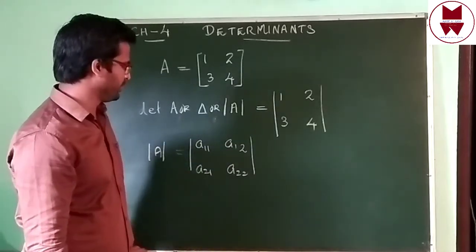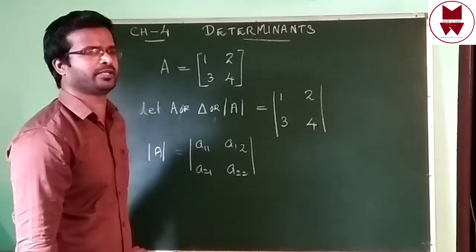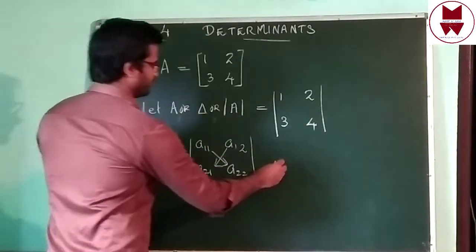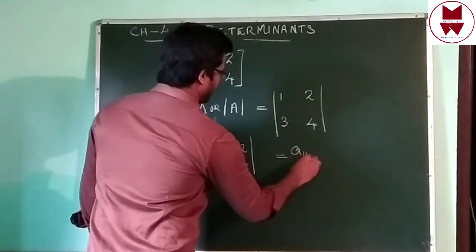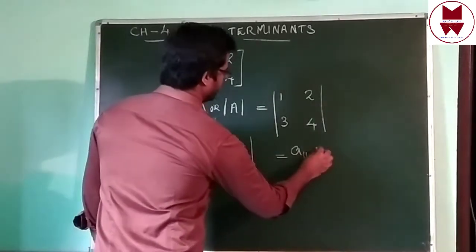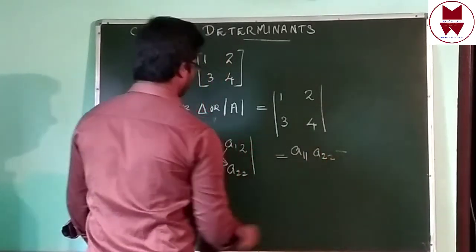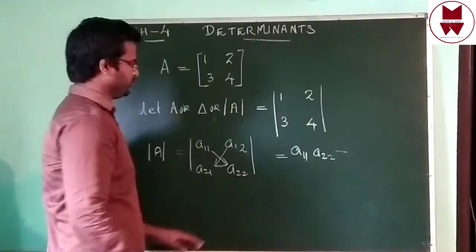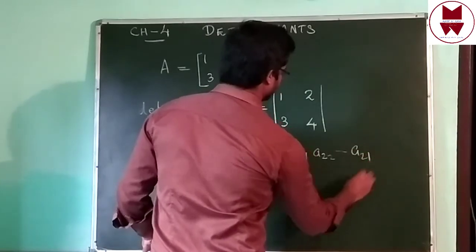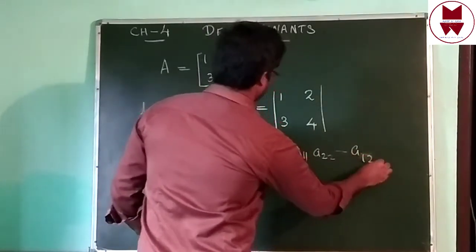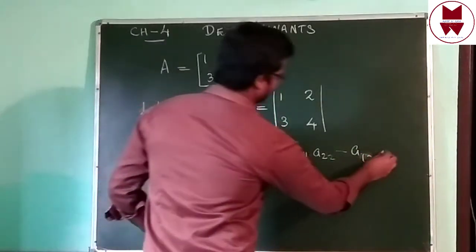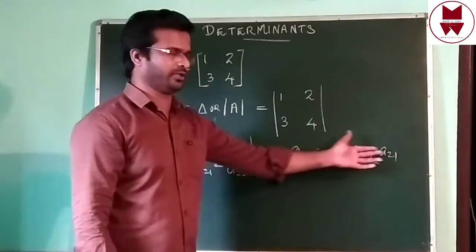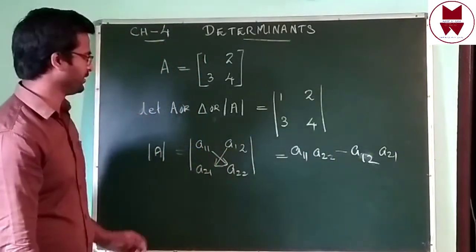Here to find the determinant, it means just cross multiply: A11 into A22, minus A12 into A21. If you do this, we will get one number. That is the determinant of this matrix.